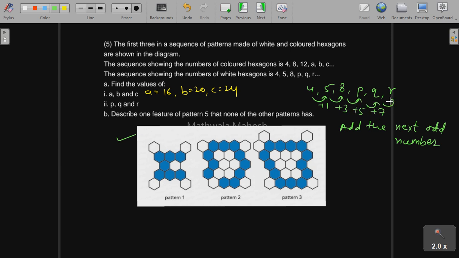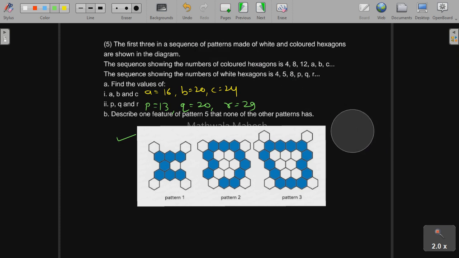The next odd number after 5 is 7, and then 9. So if I add 5 to 8, I get 13. If I add 7, I will get 20. And if I add 9 to 20, I will get 29.